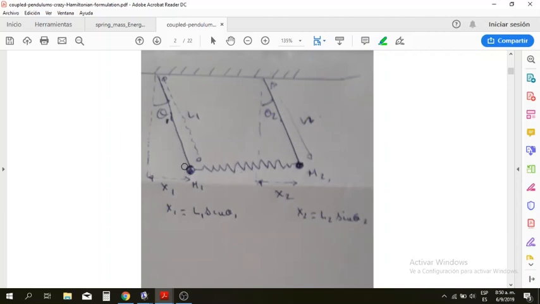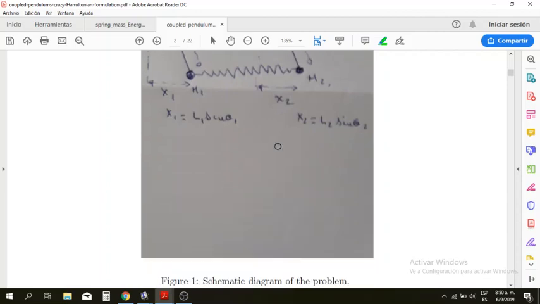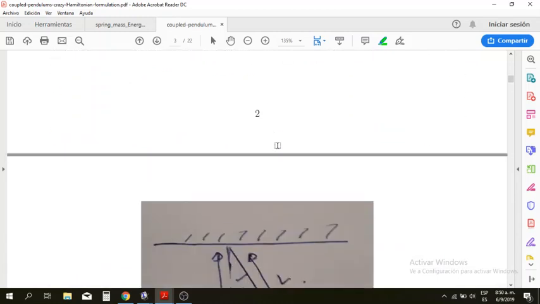The two pendulums are connected by this spring, and the deformation of the spring is x1 minus x2, where x1 will be l1 times sine θ1, and x2 will be l2 times sine θ2.